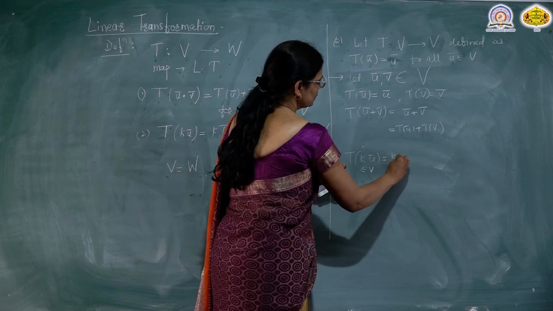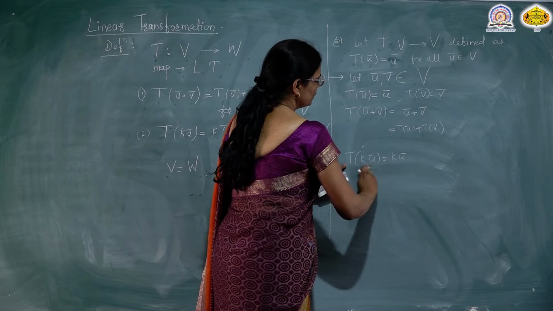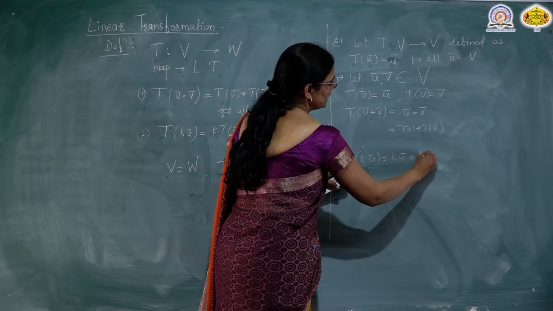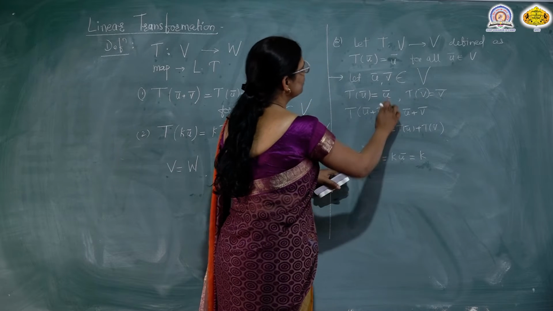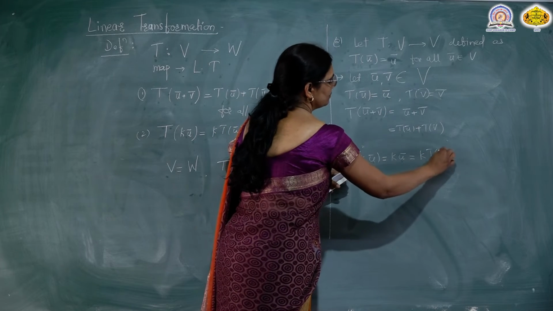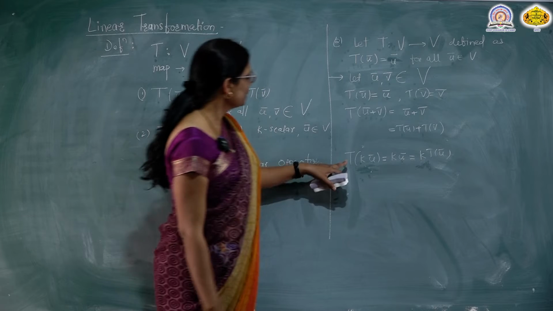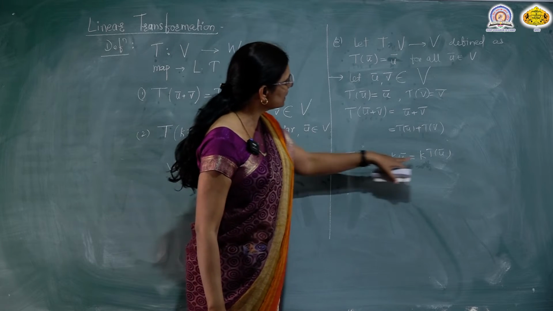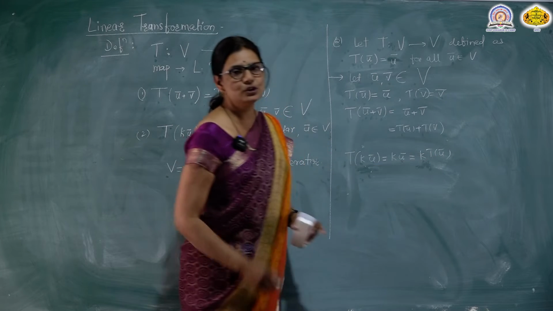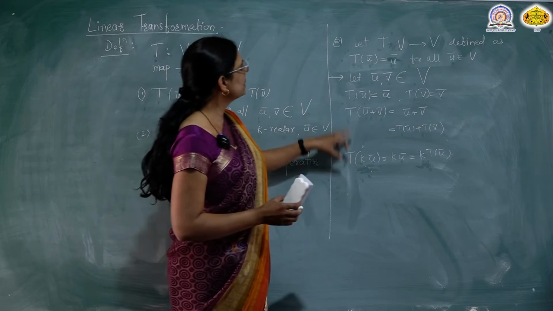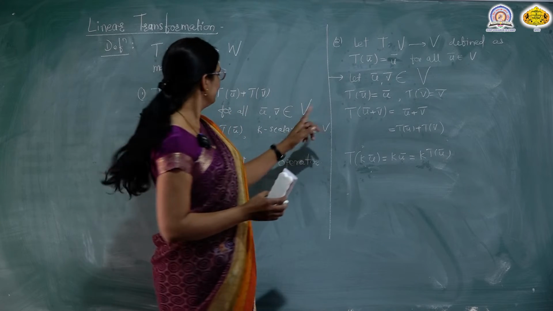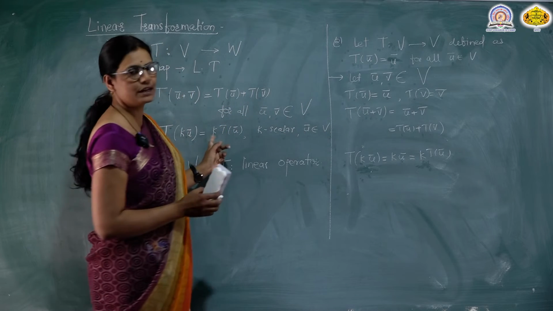So this is equal to k times u bar. Replace u bar with T of u bar. So here T of k times u bar is the same as k times T of u bar. So both the properties are fulfilled here, the first as well as the second property.